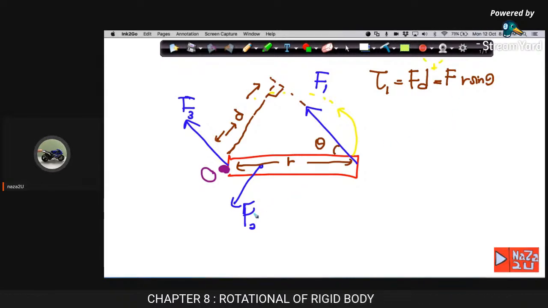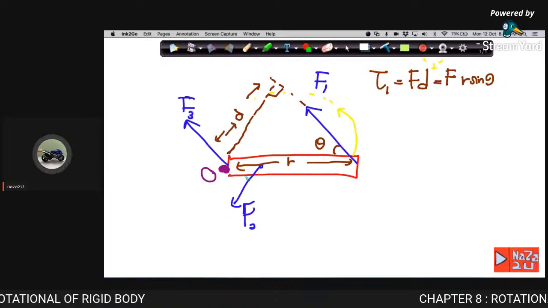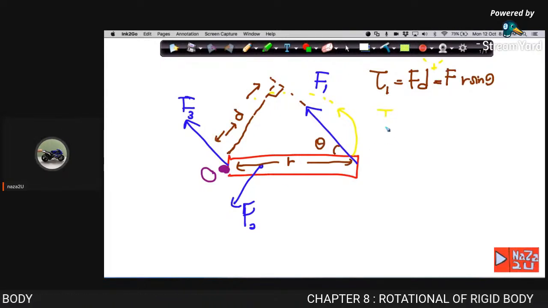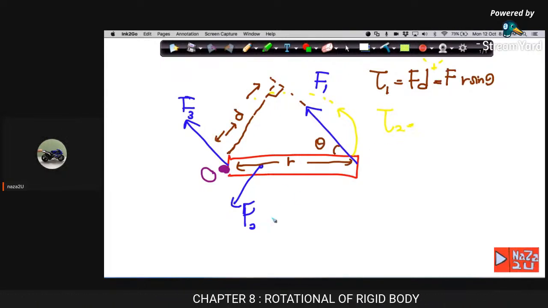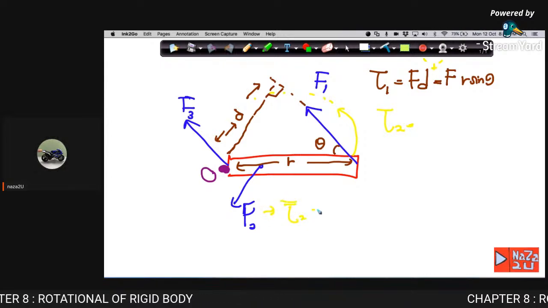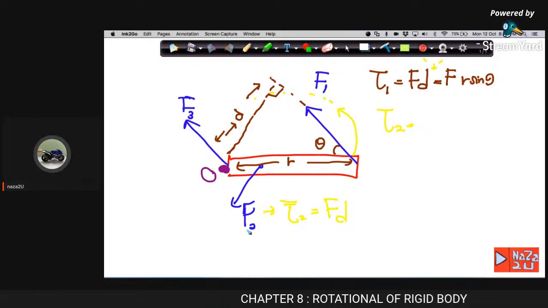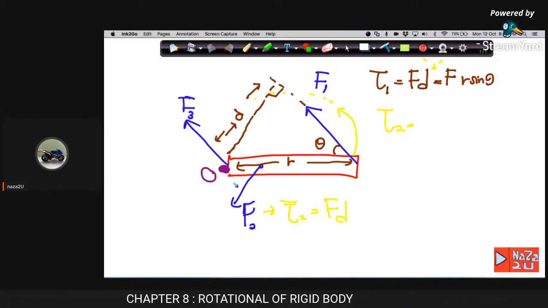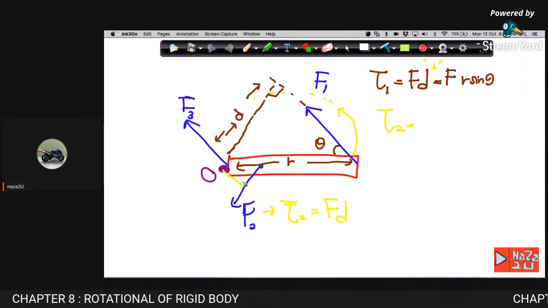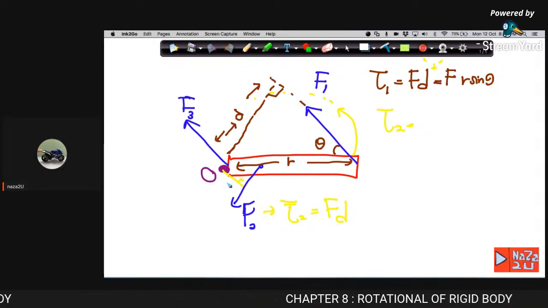And the second force, F2. Torque by the F2, we have the equation F times D. So this is the force, and what is D? So continue the force until you have a 90 degree distance.